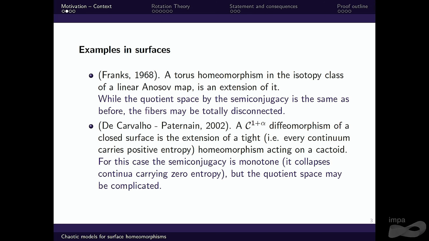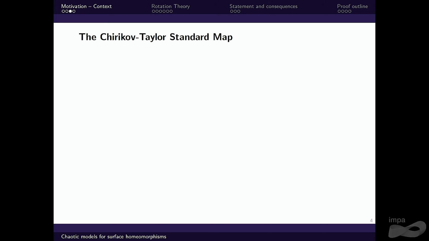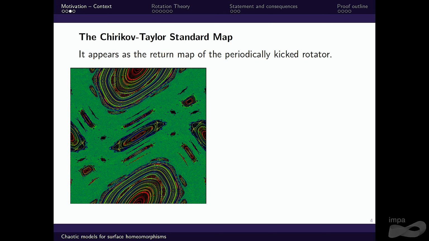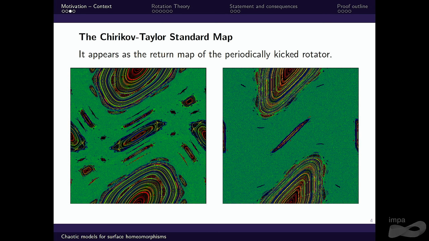So what is the example? What is the thing I'm trying to model? It's basically this: the Chirikov-Taylor standard map. I will not get into the formula for this. I just want you to get a picture of it. It appears as the return map of the periodically kicked rotator, Poincaré style. You have a differential equation, you take a return map when you have a surface through which every orbit goes.